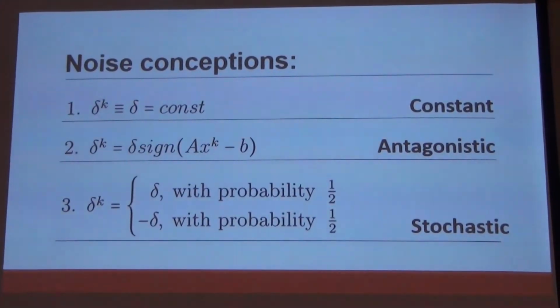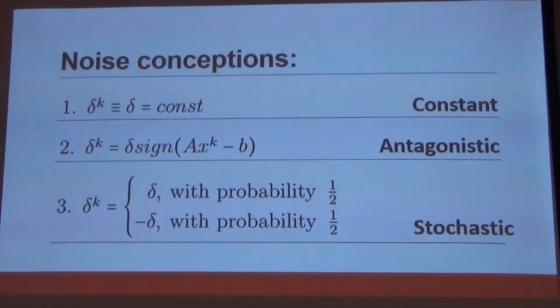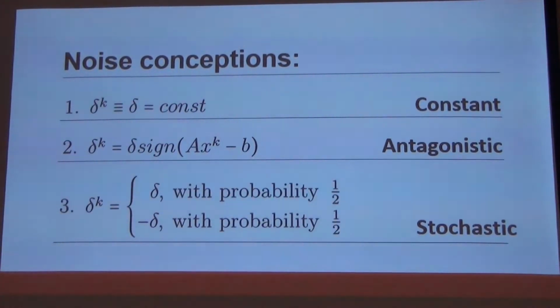So there are three concepts of noise. The first is constant noise. This means we just change the task a little bit and solve the exact task. The second is antagonistic. In each step we change vector b by adding some noise that depends on the sign of the gradient.